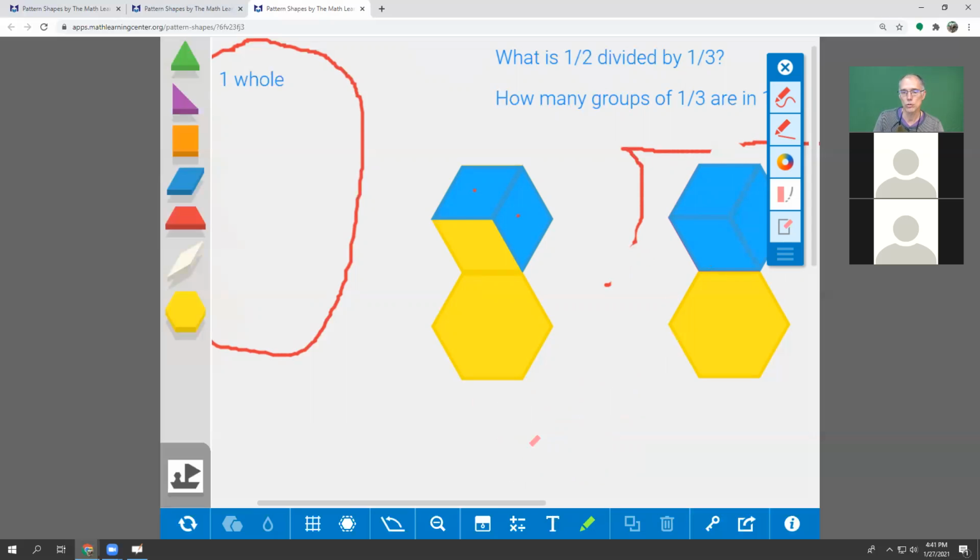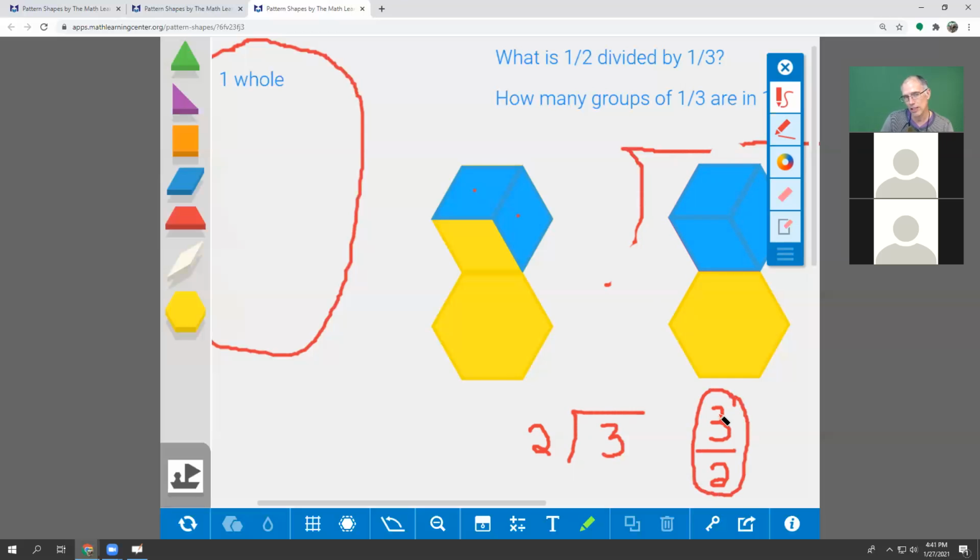I have these two pieces trying to go into those three pieces there. Or I could view it as 3 divided by 2, right? These two pieces are trying to go into the 3, and that's the answer right there.